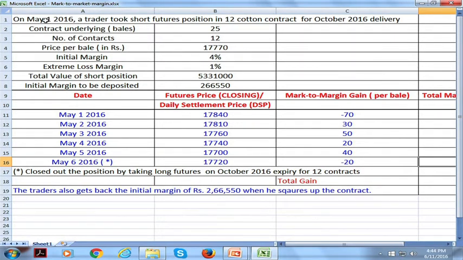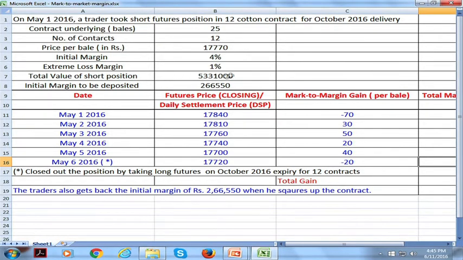On May 1, 2016, a trader took a short futures position on 12 contracts for October 2016 delivery. Contract underlying is 25 bales, number of contracts is 12, and the price per bale at which the party took the short futures position is 17,770. Initial margin and extreme loss margin is 5%.